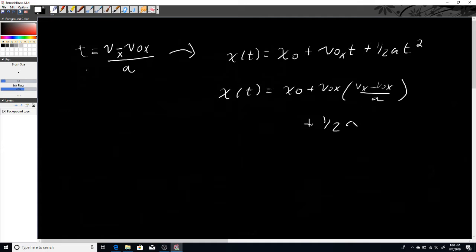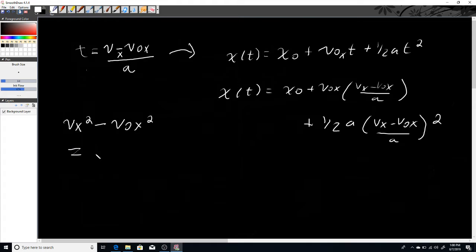We will get this, and I'm not going to do the algebra out for you because I'm pretty sure you can do it if you're taking this course. But what you'll find when you break down all this algebra is that you will get a final thing that looks like this: the v in the x direction squared minus v initial in the x direction squared is equal to 2a times x of t minus x initial.